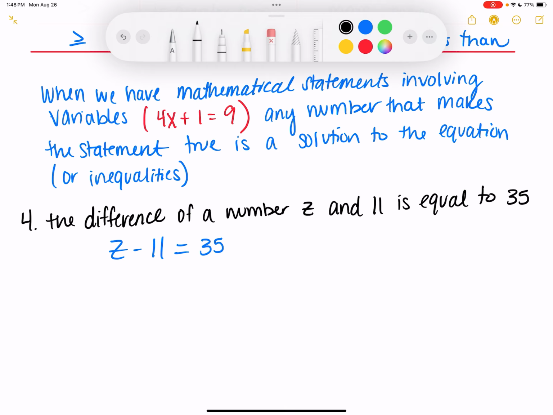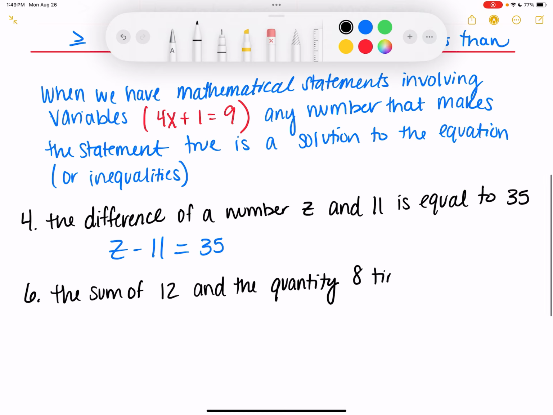Number 6 says the sum of 12 and the quantity eight times a number k is equal to 48.